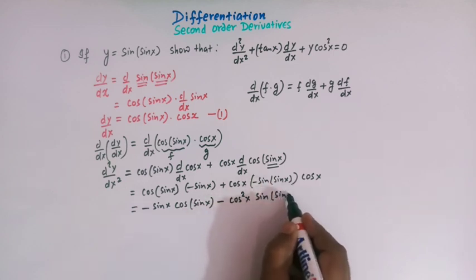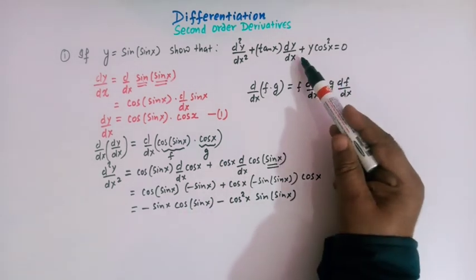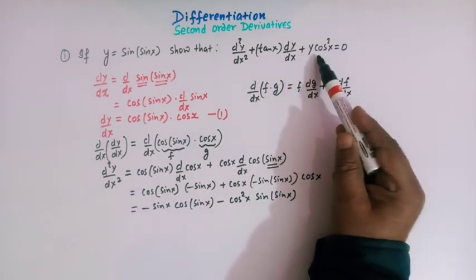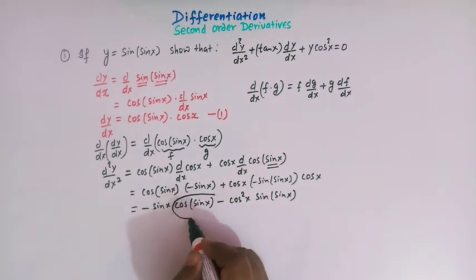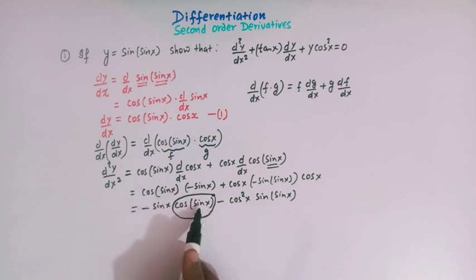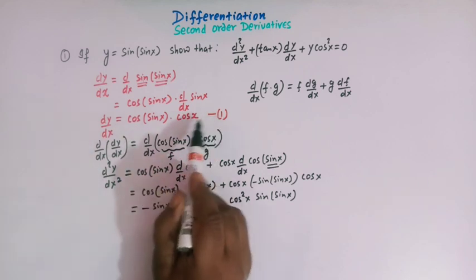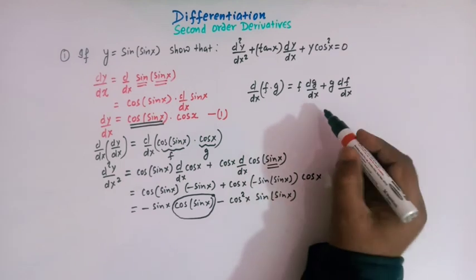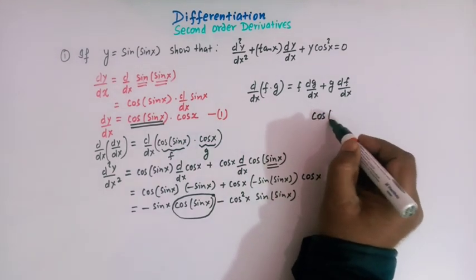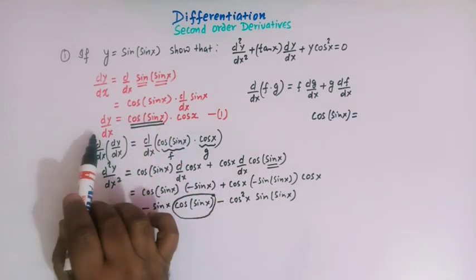Now we have to reach the given statement. Here we have cos of sine x, and cos of sine x can be obtained from the first derivative equation. From there we can write cos of sine x is equal to 1 over cos x times dy over dx, taking cos x to the denominator.